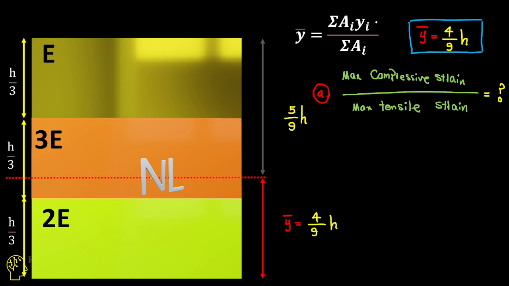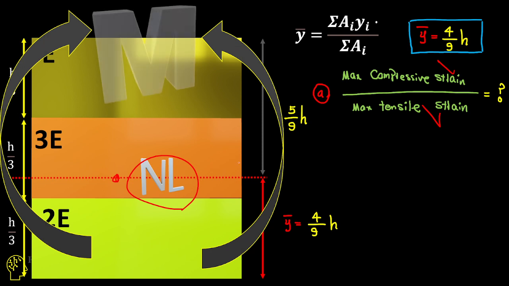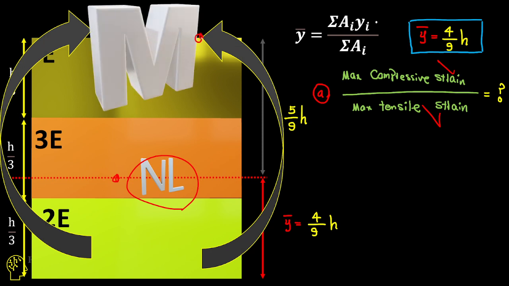As soon as you have that, you know the centroid, or neutral axis, and then the maximum compressive strain to tensile strain. If your section is handling a positive moment like what you can see here, the farthest distance definitely experiences the highest strain, because strain has a direct relation to distance.